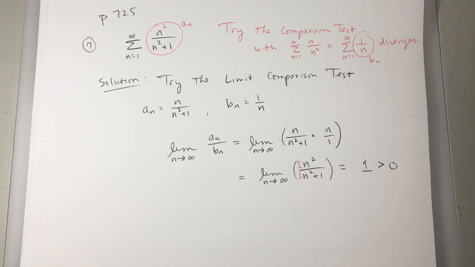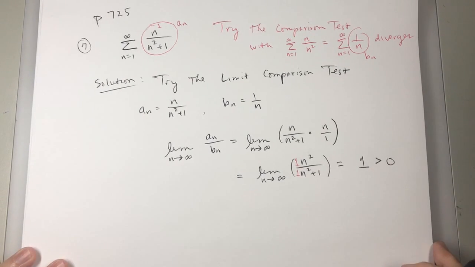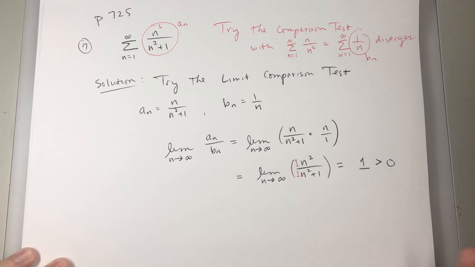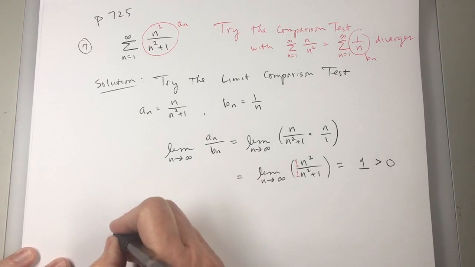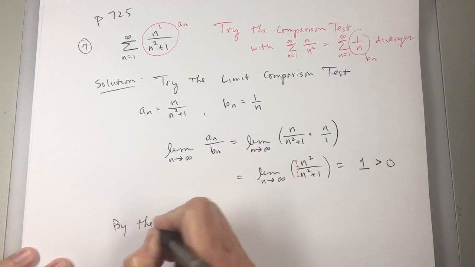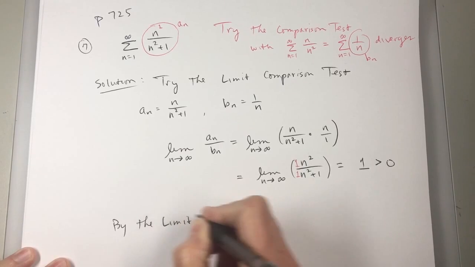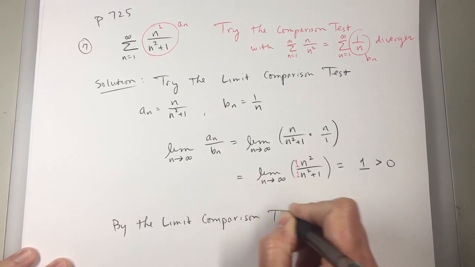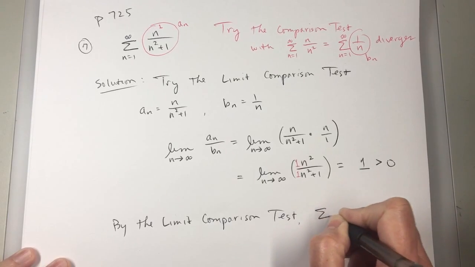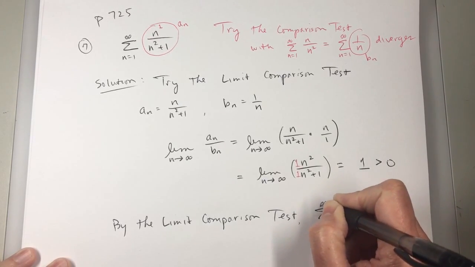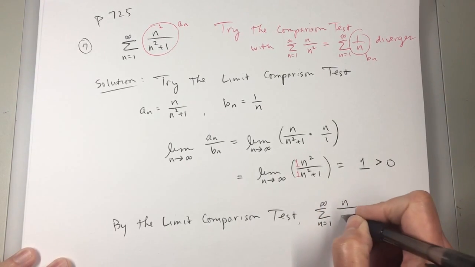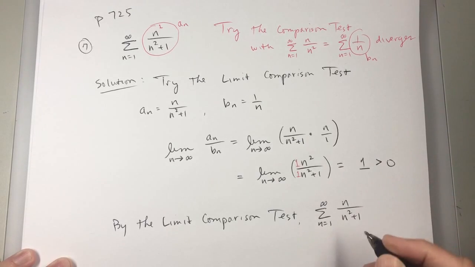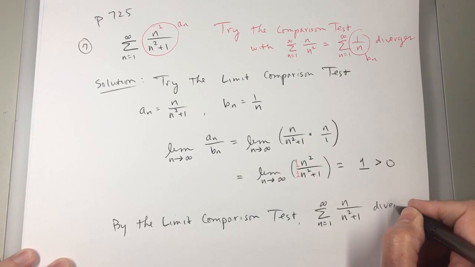It says it's positive terms. So it won't be, thank you for that question. But at any rate, by the limit comparison test, this series, as n goes from 1 to infinity, and if you just say the series, I'll know which one you're talking about. This series diverges.